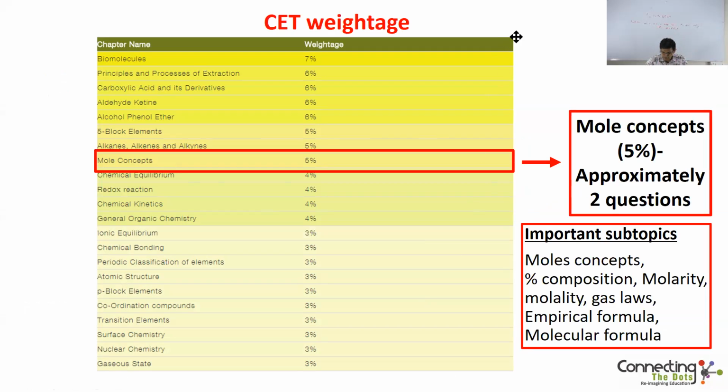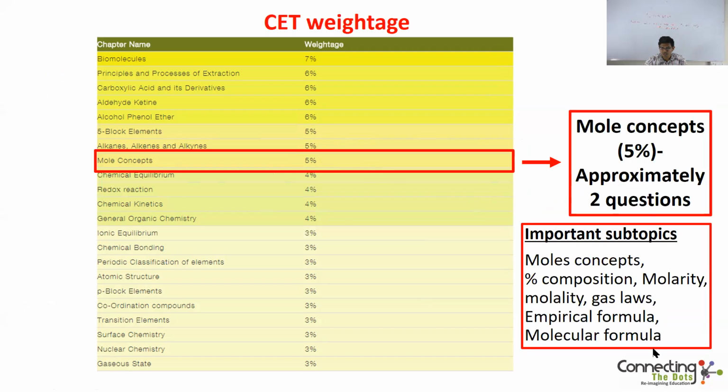So basically, when you look at this chapter, it constitutes approximately 5% in the total CET weightage, as you can see in the slide. And when you say 5%, approximately it constitutes two questions.